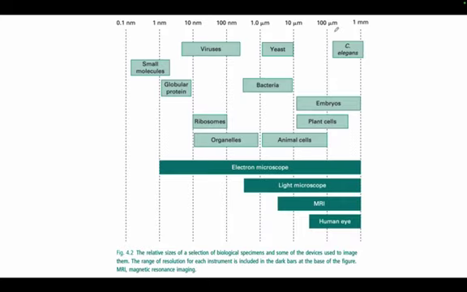We have just spent time discussing light microscopy in various modalities. As we saw, light microscopy has an inherent diffraction limit or resolution limit of around 200 nanometers.